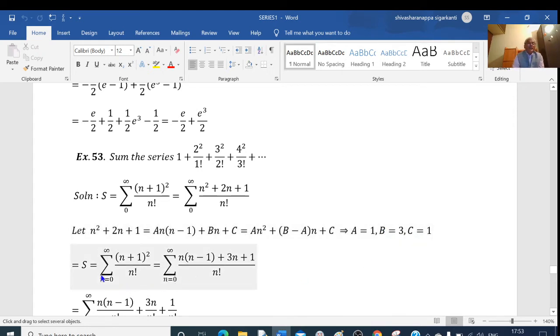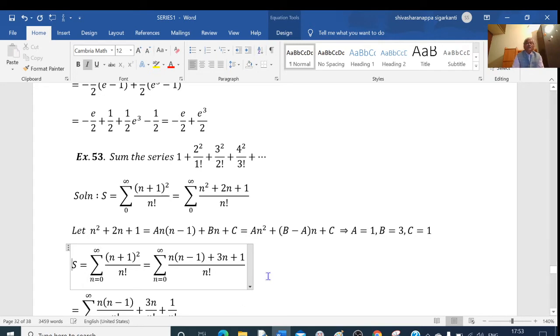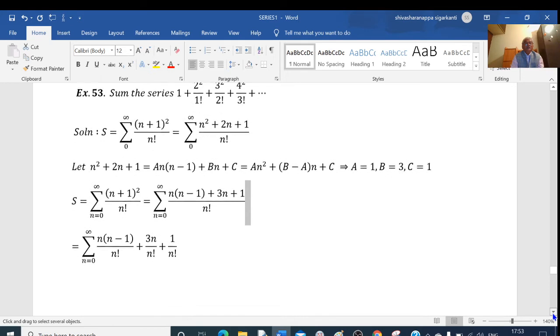Now we can write the sum S as summation of a into n into n minus 1, with a equal to 1, plus b into n, with b equal to 3, plus c equal to 1, divided by n factorial. Now we take the separate denominators.